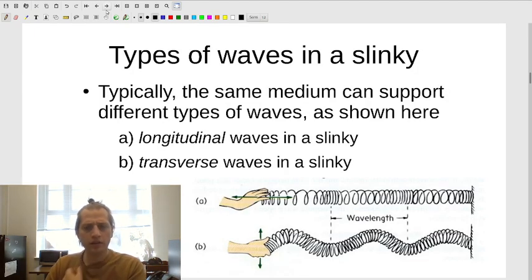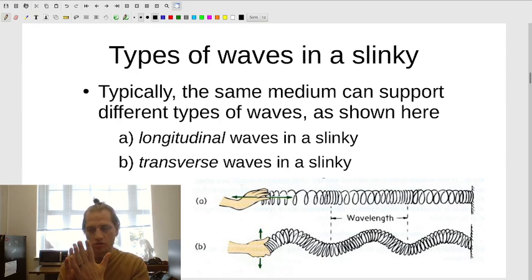Now, the other little piece of nomenclature that we added last time for types of waves is that some waves disturb the medium in the direction that the propagation is going. So this would be a longitudinal wave, where the squish of the slinky is in the same direction as the squish is moving through the slinky.